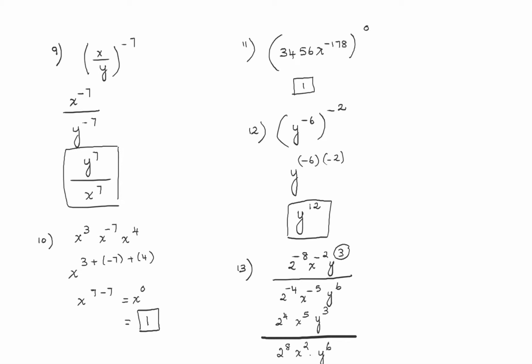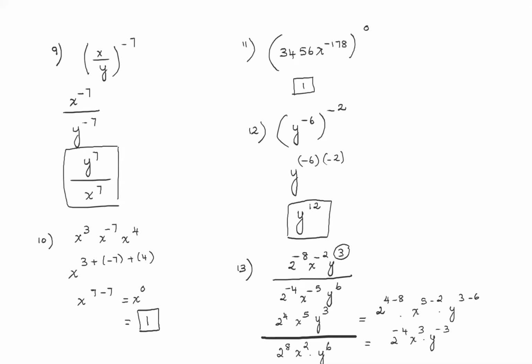Okay, so what happens now? So this equals, you have to subtract the powers because we are dividing. So 5 minus 2, 3 minus 6. So it's going to be 2 to the negative 4, x to the third, y to the negative third.